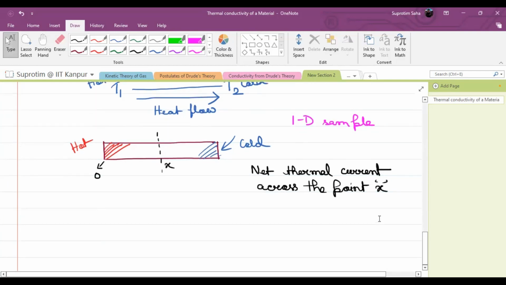Now, which are the ambassadors of this heat flow? The charge carriers. The only option is that you have electrons. Electrons, the charge carriers, also conduct this transfer of energy from the hotter part to the colder part of the sample.